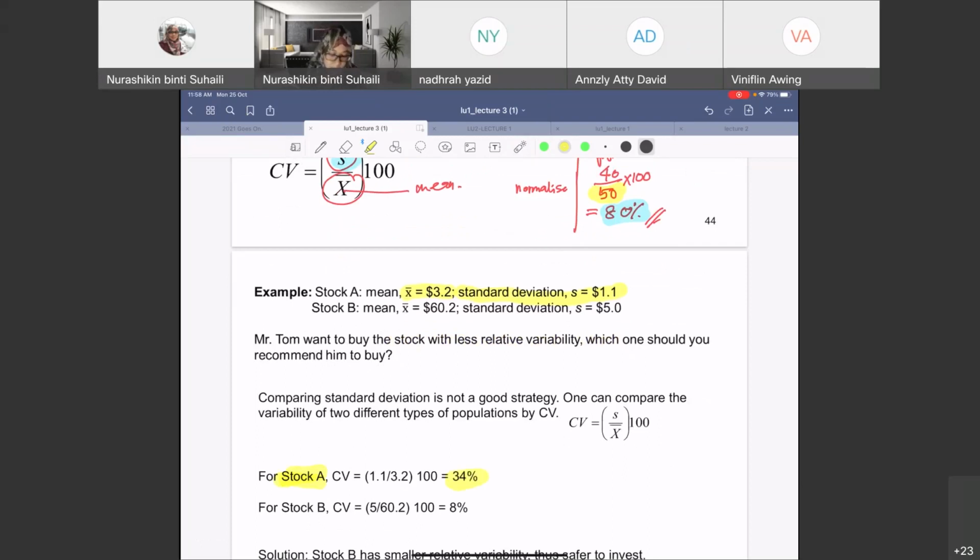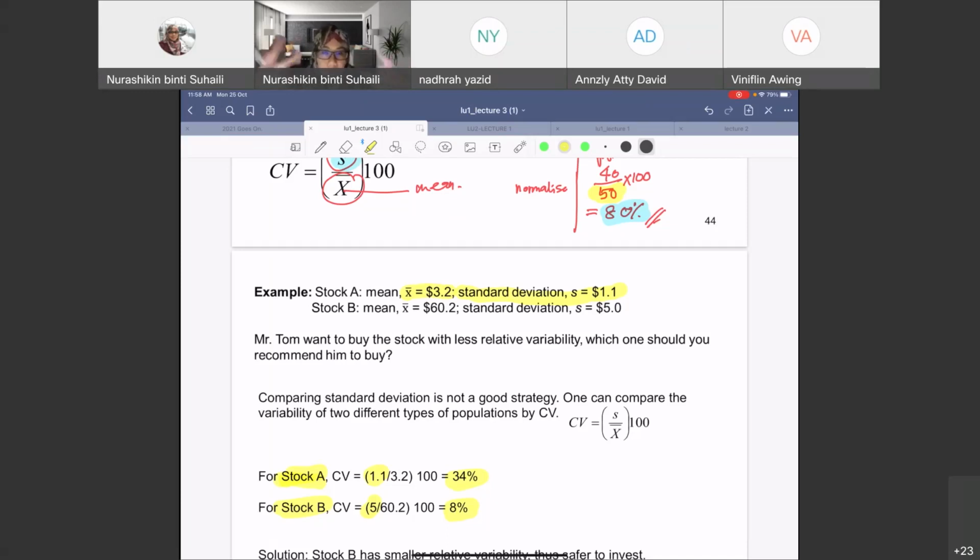Compare that with stock B, which is only 8%. So it gives a more sound comparison when you want to compare stock A and stock B.